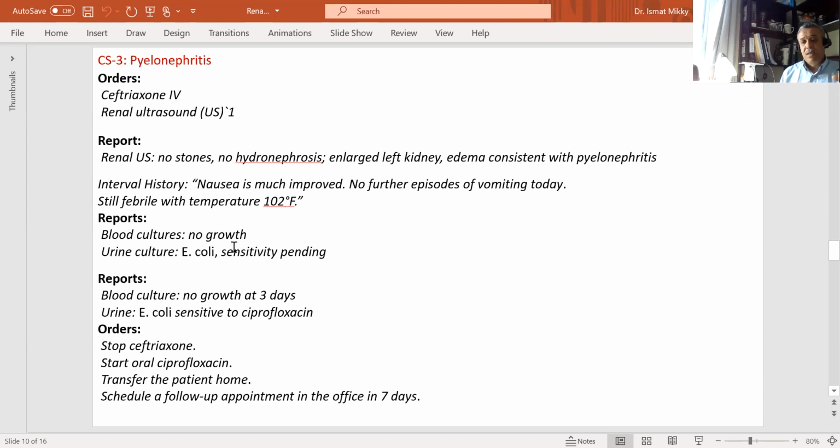So reports, the renal ultrasound came back, no stones, no hydronephrosis. There's an enlarged left kidney, which is an edema, which is consistent with the pyelonephritis.